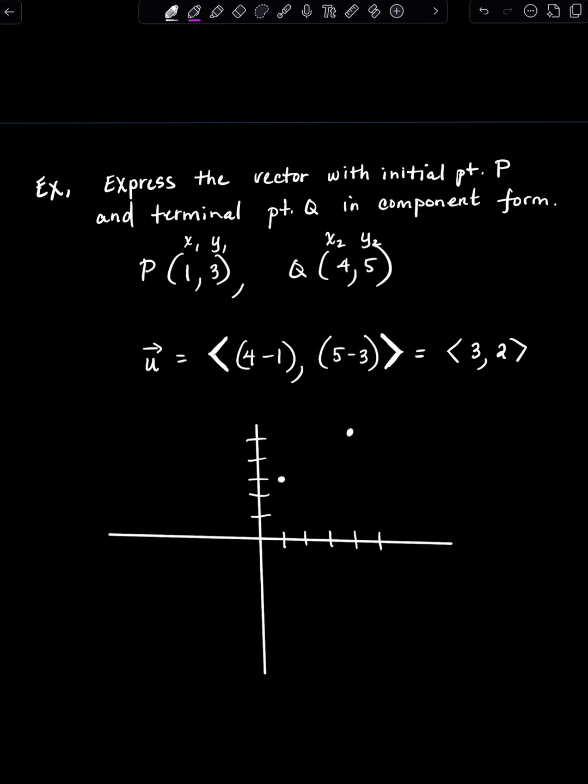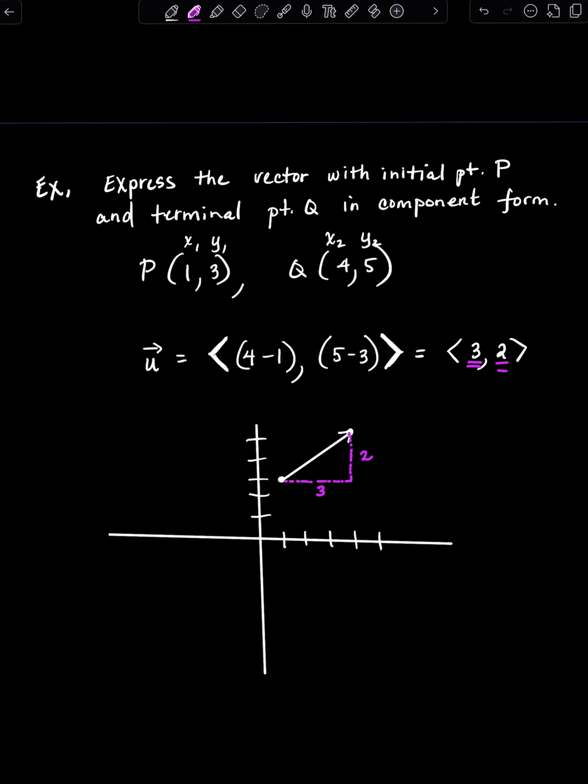So we had this vector right there. Component form means that I'm looking at the horizontal component and the vertical component. My horizontal component was 3, my vertical component was 2. You can see that because from my initial point I went over 3 and then up 2.